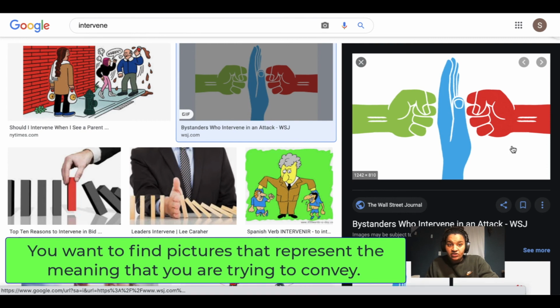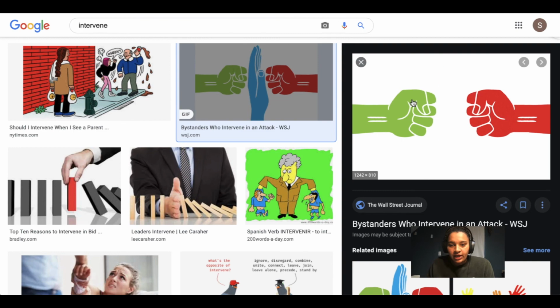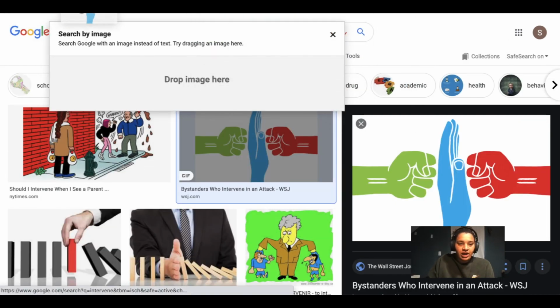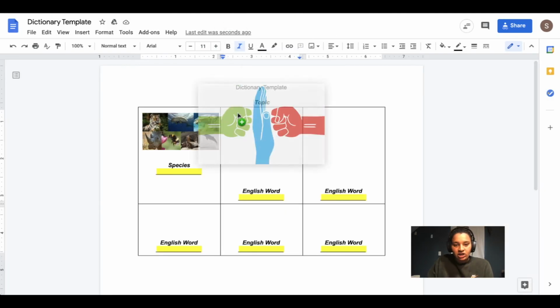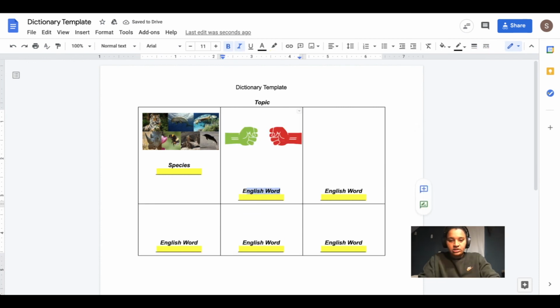I do like to use GIFs because when we're talking about process words, having that GIF that shows the process is much more helpful than having a still picture of it. So again, I would take the GIF, drag it over to my dictionary, and drop it in, and then remove this, intervene, and bring it up. And then you have your first two entries of the dictionary.